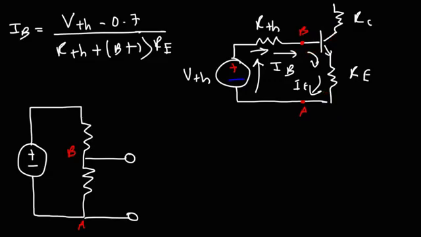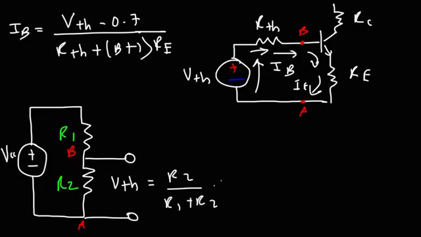So we need to calculate the voltage across R2. This is VCC, and the voltage across R2 will be the Thevenin voltage. So this is basically a voltage divider circuit. So the Thevenin voltage is going to be R2 divided by R1 plus R2 times the collector supply voltage.